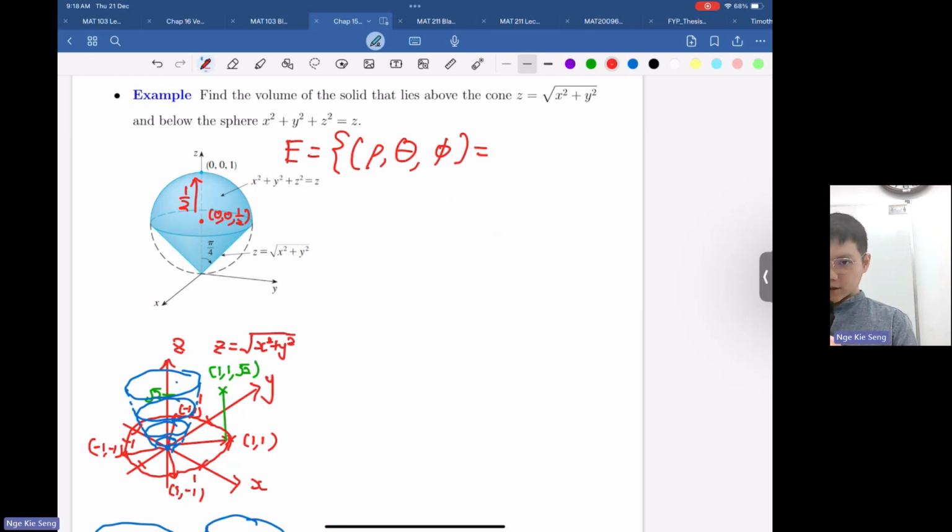Let's fix theta first, the angle on the xy plane. You can see that we sweep out the whole circle here, so we are taking theta from 0 to 2 pi.